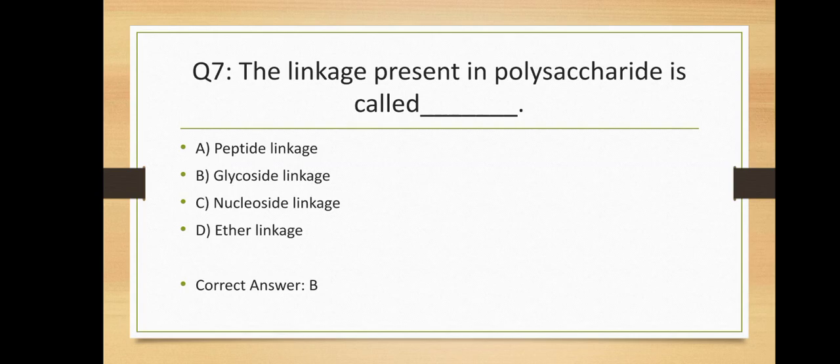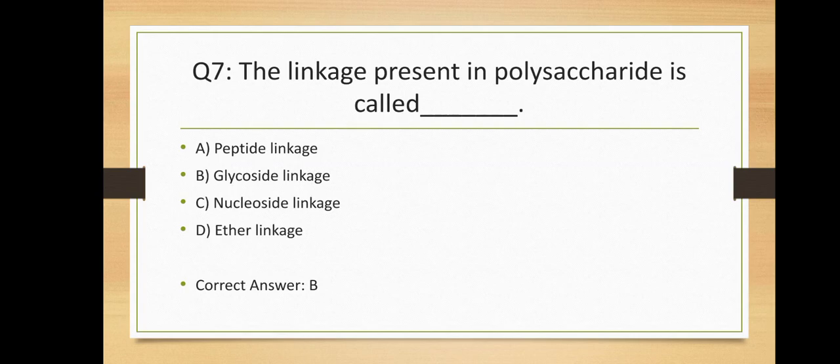Look, there are different polymers and among these polymers, one is polysaccharide, another one is protein. In protein, the monomer unit is amino acids, and all amino acids are joined together by peptide linkage or peptide bond. That's why they are also called polypeptide.